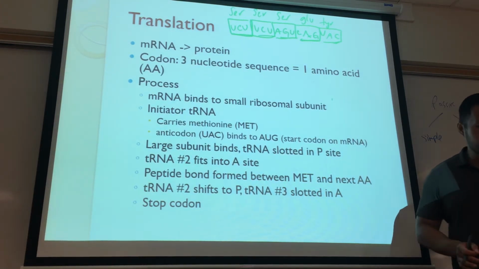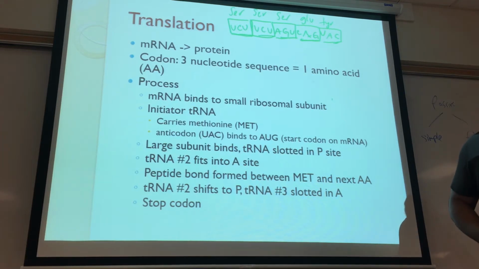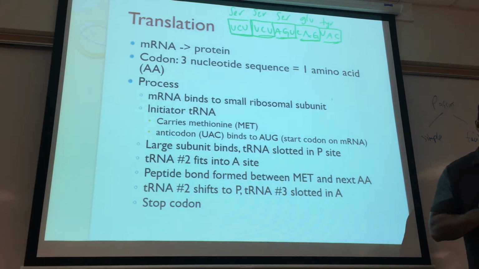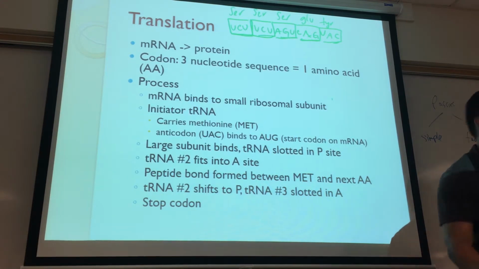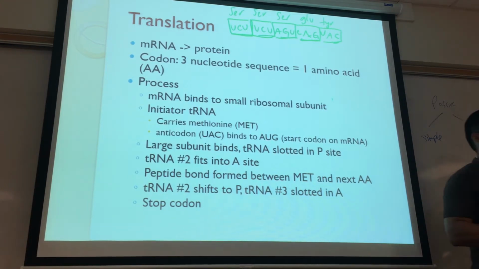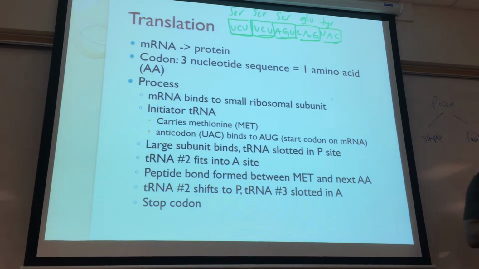You'll notice that UCU, UCC, UCA, and UCG all encode for serine. And you also saw AGU and AGC. So any of those triplet codons will still create serine. So there is a lot of redundancy in our DNA, in the nucleotide sequences, to produce that amino acid.